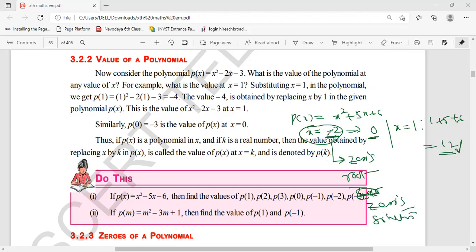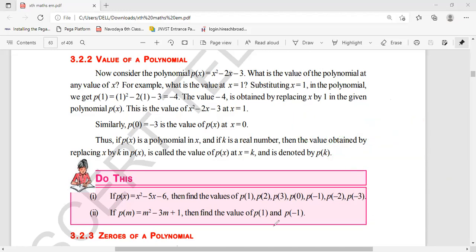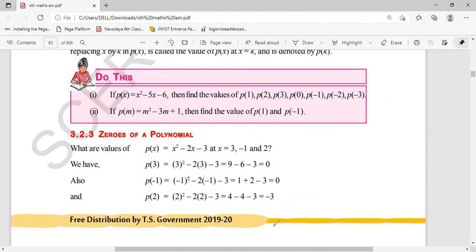So we can say this x is equal to minus 2. If you take x is equal to minus 2 only, this becomes 0. That's why we call that the 0 of the polynomial, or root of the polynomial, or solution of the polynomial. So see here, if p of x is equal to x square minus 5x minus 6, and they are asking to find the value of the polynomial, just replace x with 1, 2, 3, 0, minus 1, minus 2, minus 3.